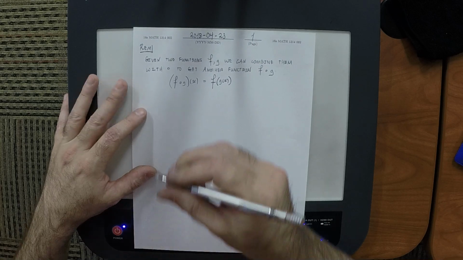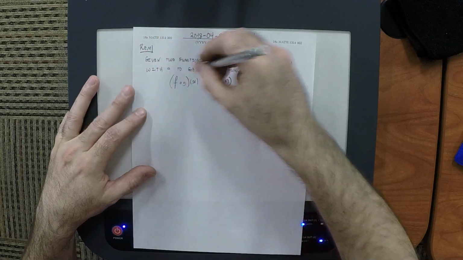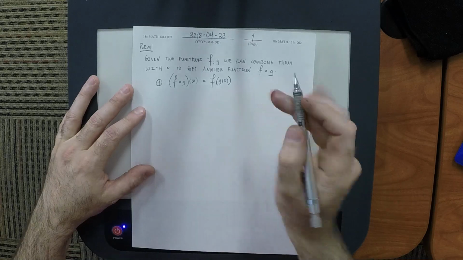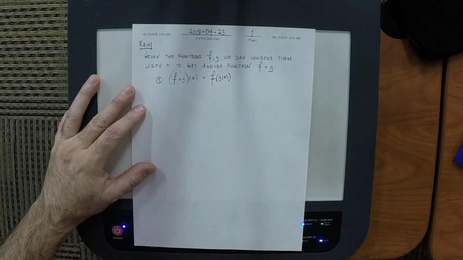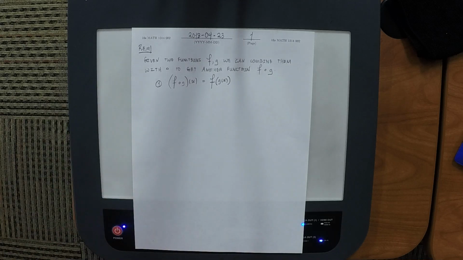So now, to be clear about this, one of the conceptual devices we're going to use to help us understand this is the notion of an assembly line.